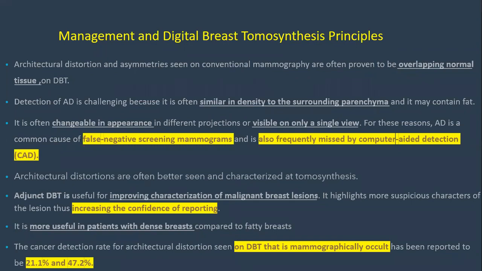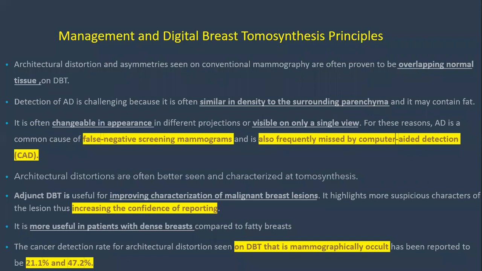This also makes it more challenging and more difficult to appreciate. For these reasons, it is a common cause of false negative screening mammograms. Not only that, sometimes it can also be missed in computer-aided detection.